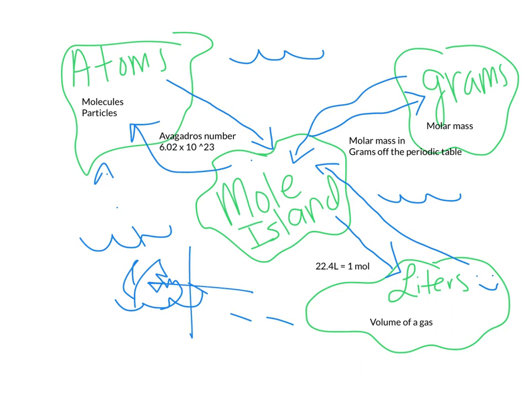Now, once we're on Mo Island, if we want to go to Adams Island, we have to use Avogadro's number. If we're on Mo Island and we want to go to Graham Island, we have to use molar mass. And if we're on Mo Island and we want to go to Liter Island, we have to use 22.4.